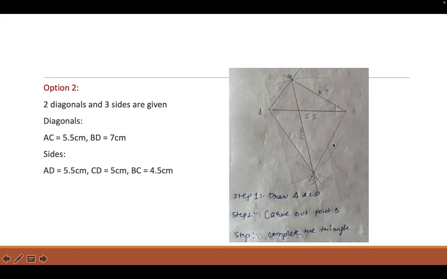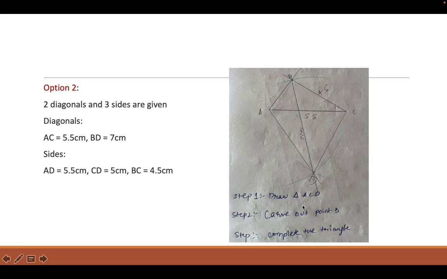So what to do? Now you know all the 3 sides of the bottom triangle. So after drawing AC, you can figure out D by using a compass and drawing AD and CD, so that you're going to get this point. So you got the point D.